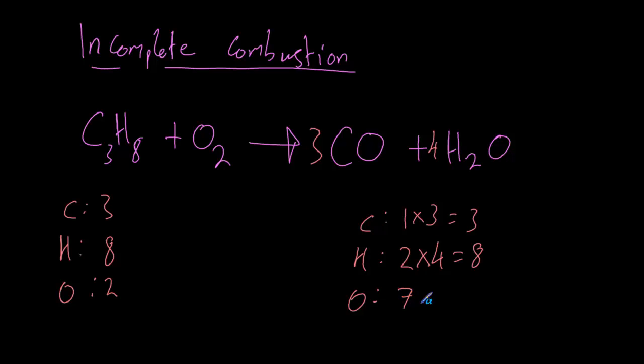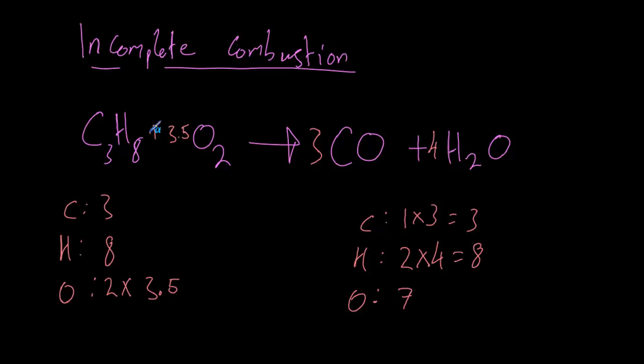Now we still have 2 oxygens on the left hand side, and so what can we times by 2 to get 7? Well, half of 7 is 3.5. So I'm going to say 3.5. I could have said 7 over 2. It's the same number. And so we need 3.5 oxygens. So let's just make room for that.